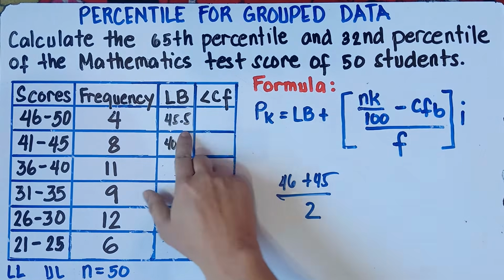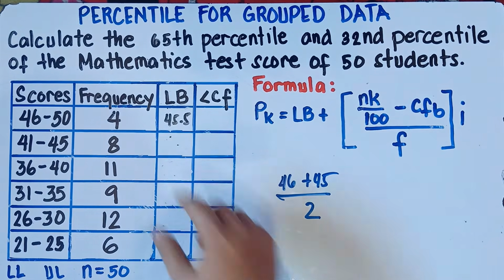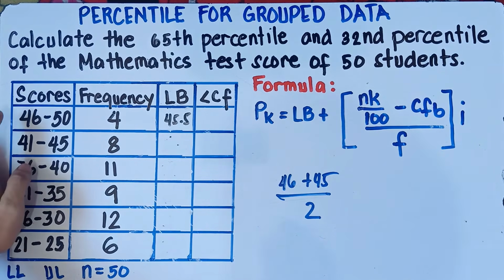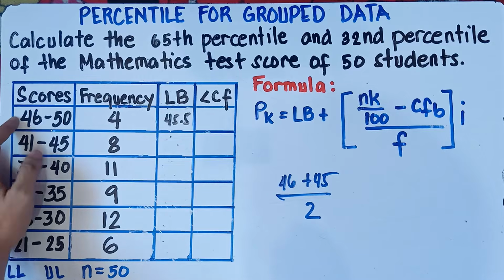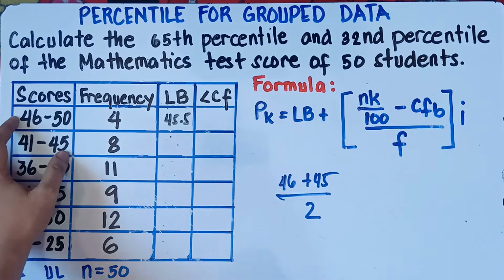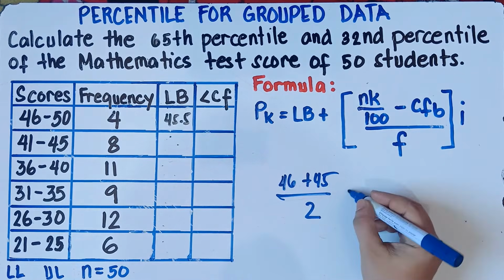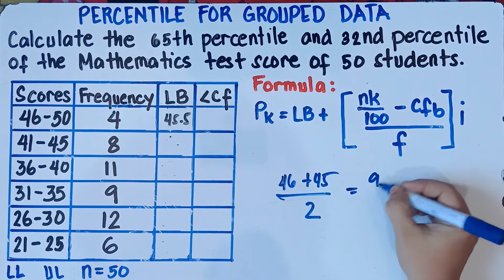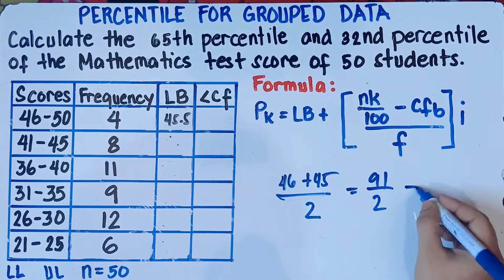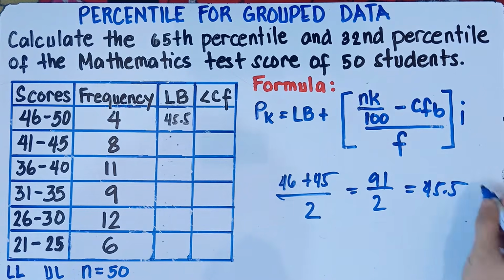To get this 45.5, that would be the lowest score in this row plus the highest score in the previous row, 46 plus 45, which is 91, divided by 2, is 45.5. But once again, it will take time if we do it this way, so we just subtract 0.5 from the given numbers.